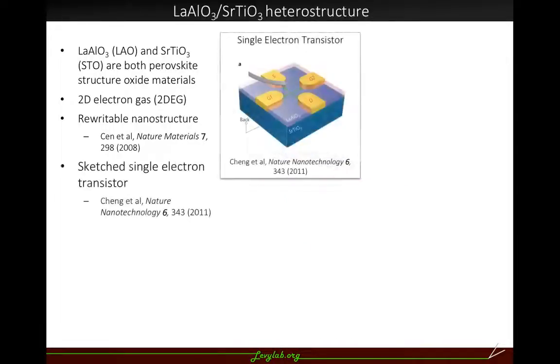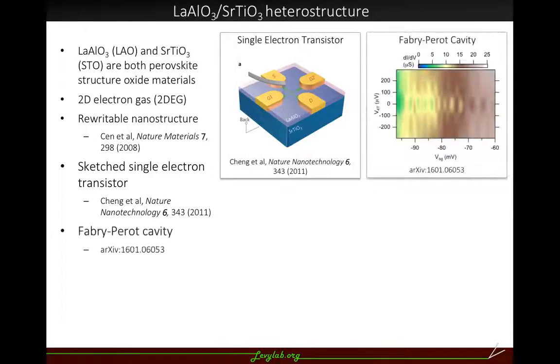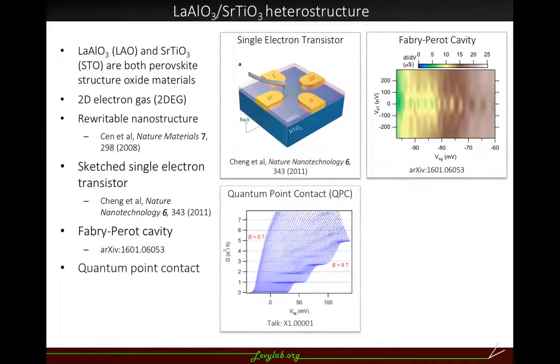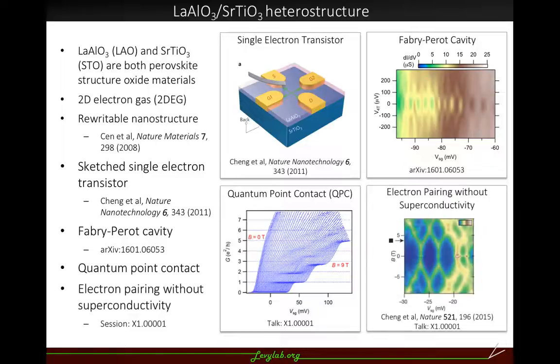Successful stories include the sketched single electron transistor, the fiber probe cavity, and the quantum point contact device. This actually helps us understand properties of the material itself as well. Recent discoveries include electron pairing without superconductivity, which is in an invited talk on Friday morning.